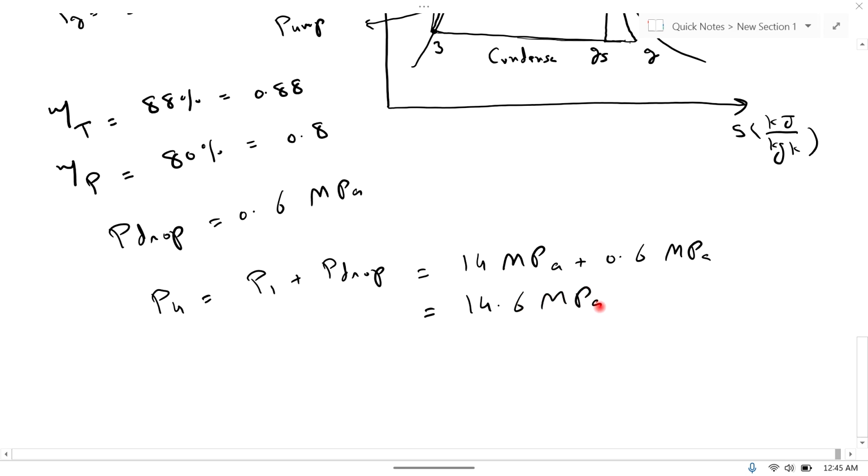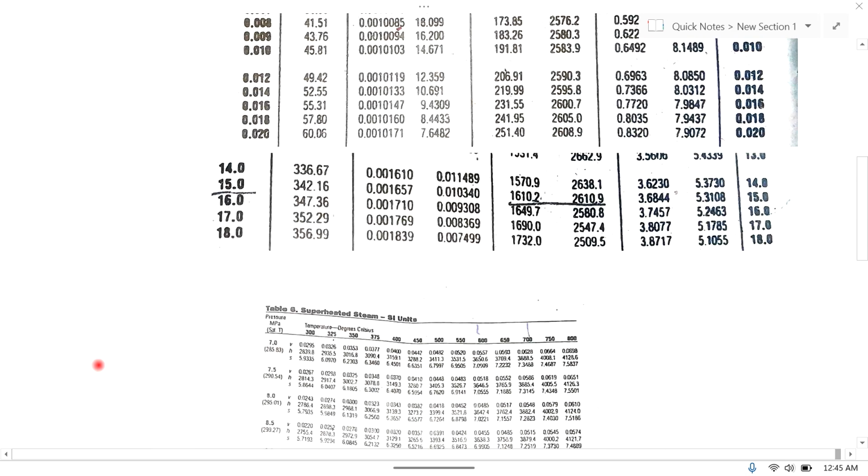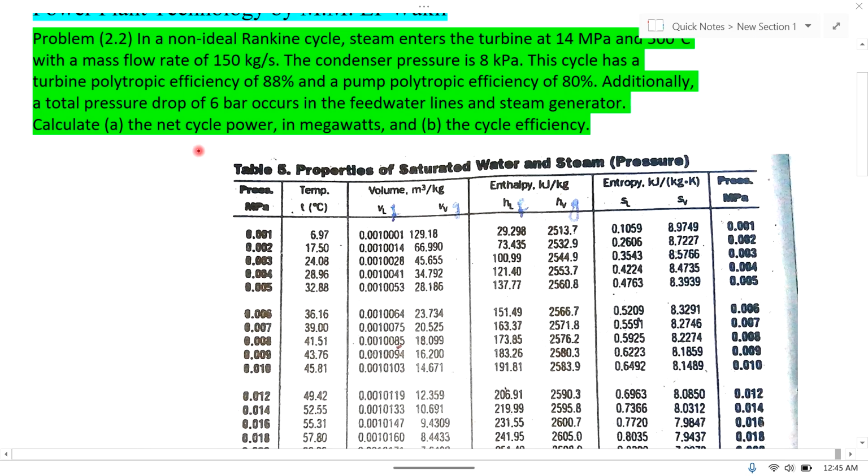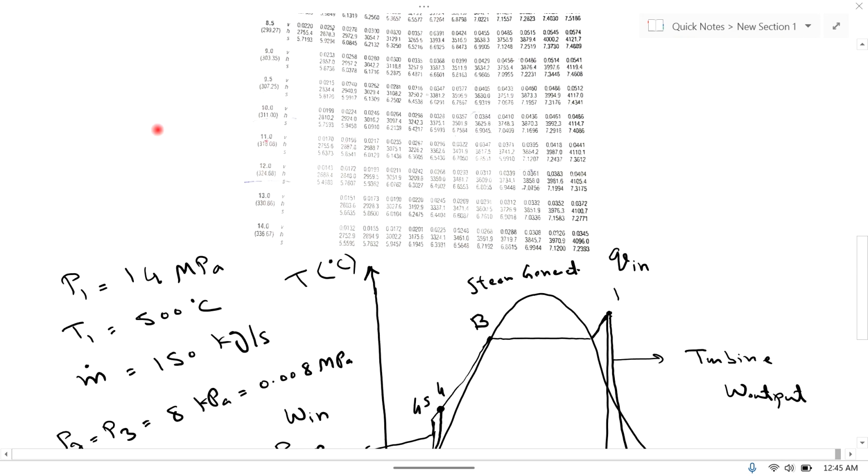P4 is equal to 14.6 megapascal, and what is required is to find the net cycle power in megawatt and the net cycle efficiency.